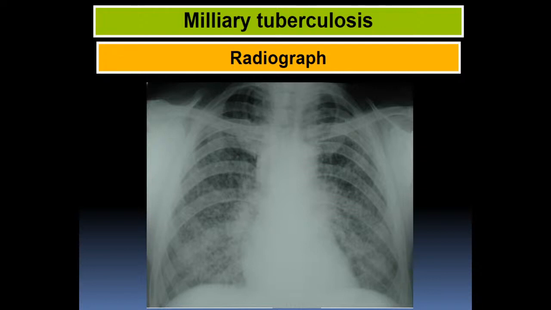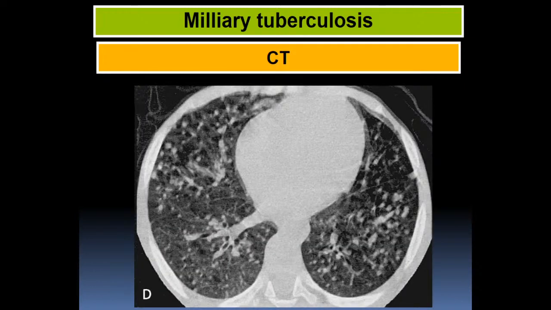On this X-ray, we can see miliary dissemination also. It is better to see changes on CT scan. Here we can see small focal shadows in all fields, all zones, also small and the same in density.